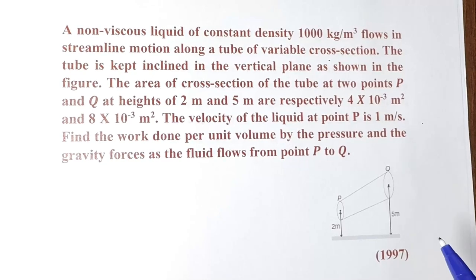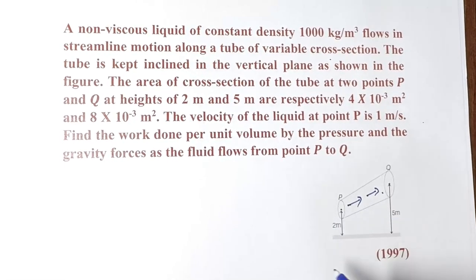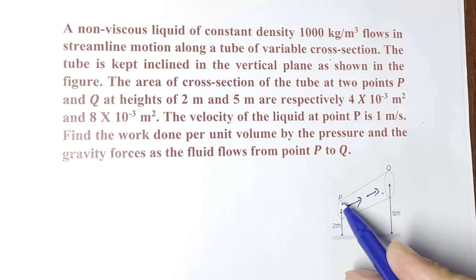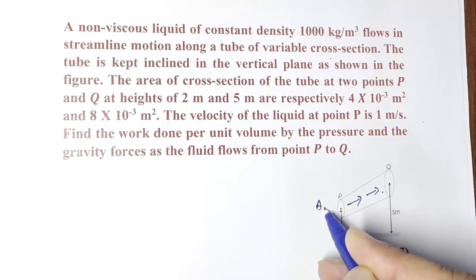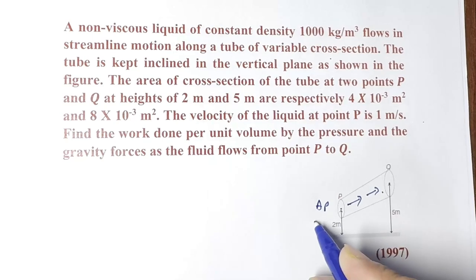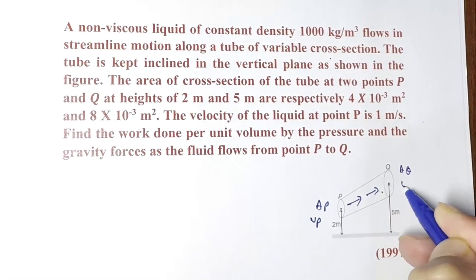So we have to find out the work done per unit volume by the pressure and the gravity forces as the fluid flows from P to Q. The direction of the fluid is from P to Q, and we assume that the area of cross section at point P is AP, and the velocity of the liquid at this point is VP. Similarly, here the area of cross section is AQ and velocity is VQ.